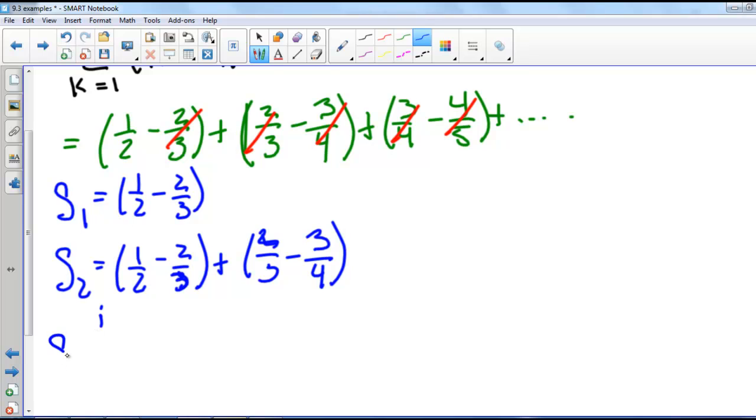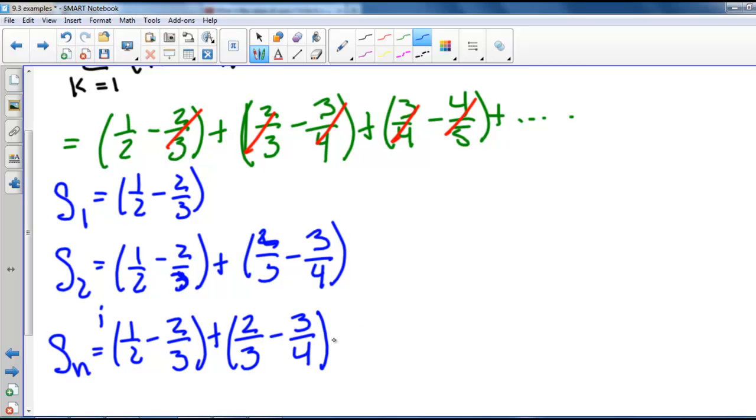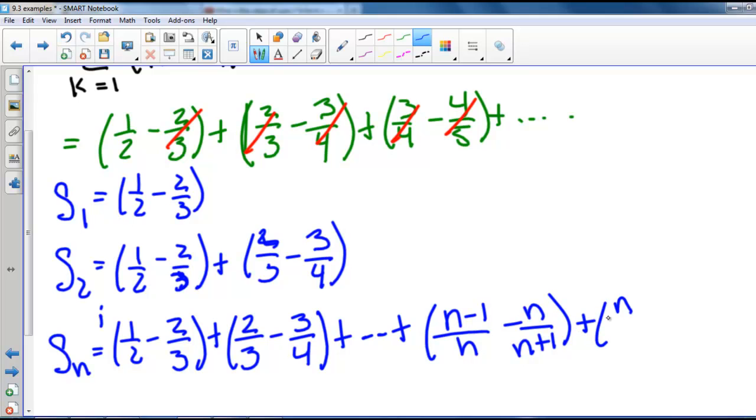So our nth partial sum is 1/2 minus 2/3 plus 2/3 minus 3/4, and so on, plus n minus 1 over n minus n over n plus 1 plus n over n plus 1 minus n plus 1 over n plus 2.